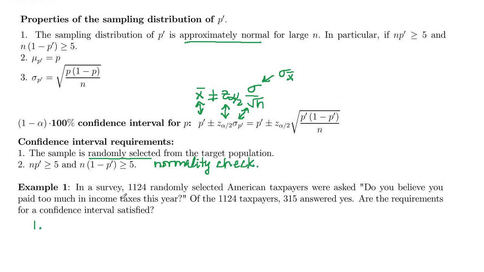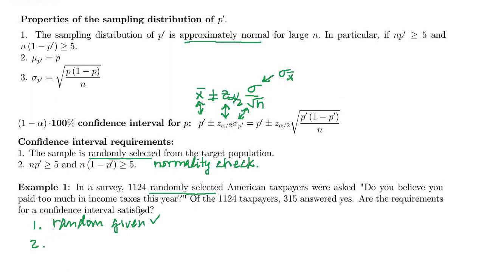First requirement, is it a randomly selected sample? Well, 1,124 randomly selected American taxpayers, and we're going to make a conclusion about American taxpayers, so it's from the target population. So random is given, and that one checks out.